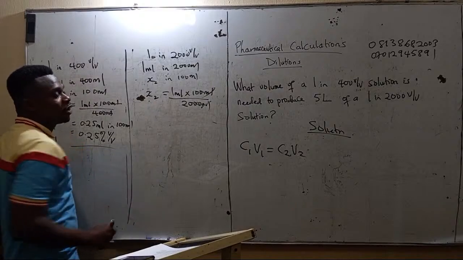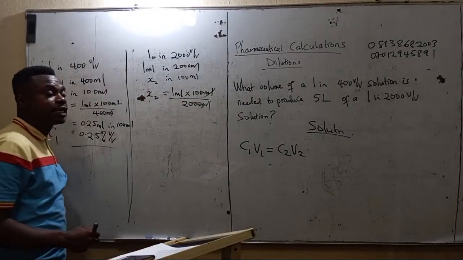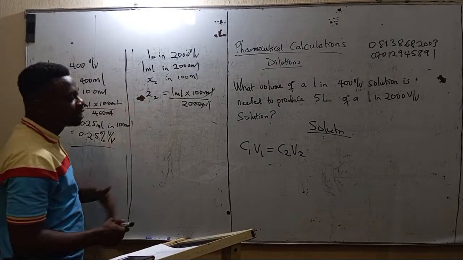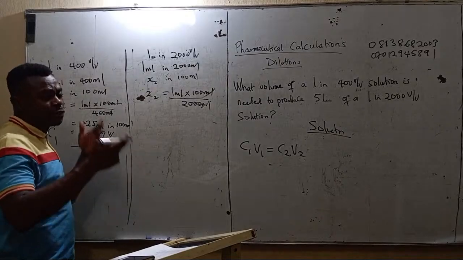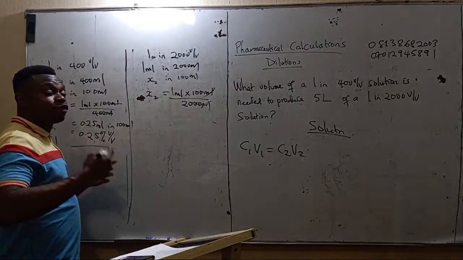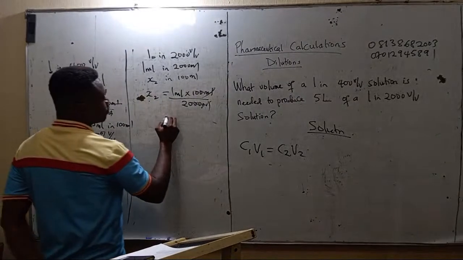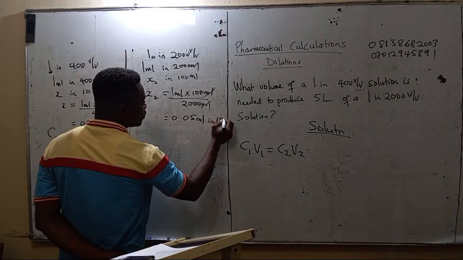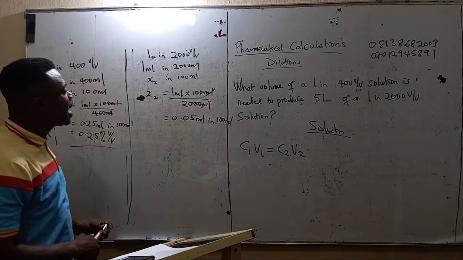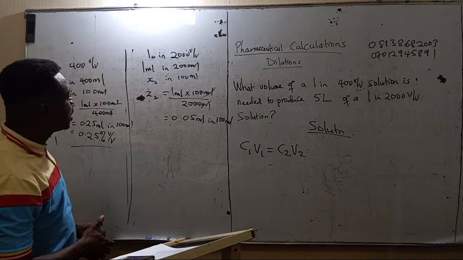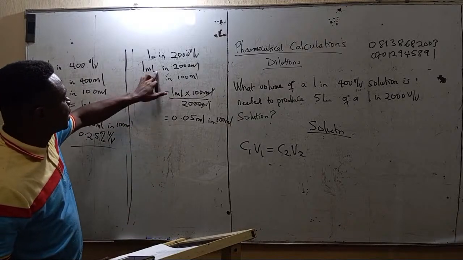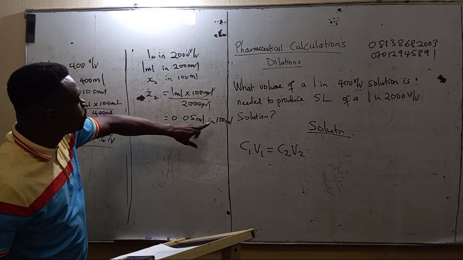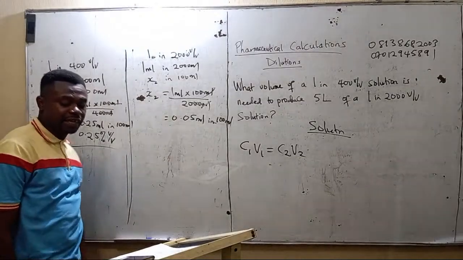So we have 1 over 20 ml. Remember that 1 over 2 ml is 0.5, so 1 over 20 ml is 0.05 ml. So here is 0.05 ml in 100 ml. If we have 1 ml in 2000 ml, therefore 0.05 ml will be in 100 ml.